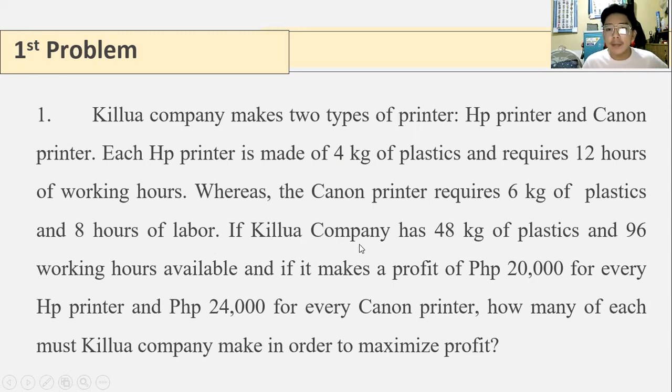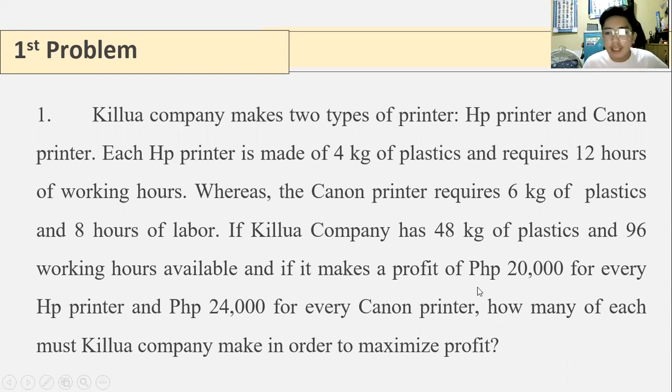If Kilua company has 48 kilograms of plastics and 96 working hours available, and if it makes a profit of 20,000 pesos for every HP printer and 24,000 pesos for every Canon printer, how many of each must Kilua company make in order to maximize the profit?